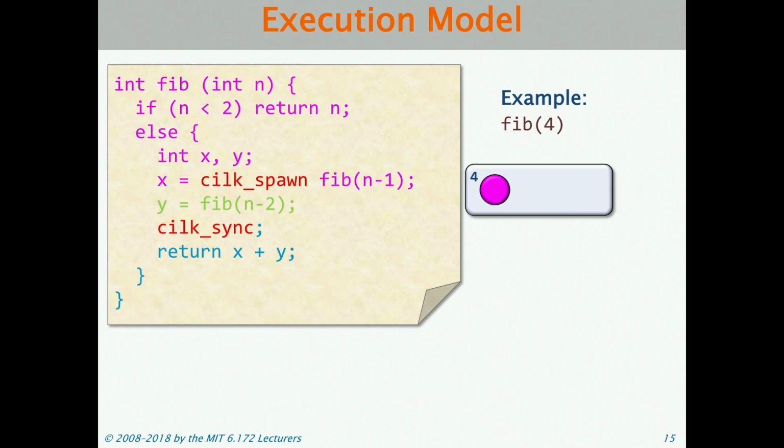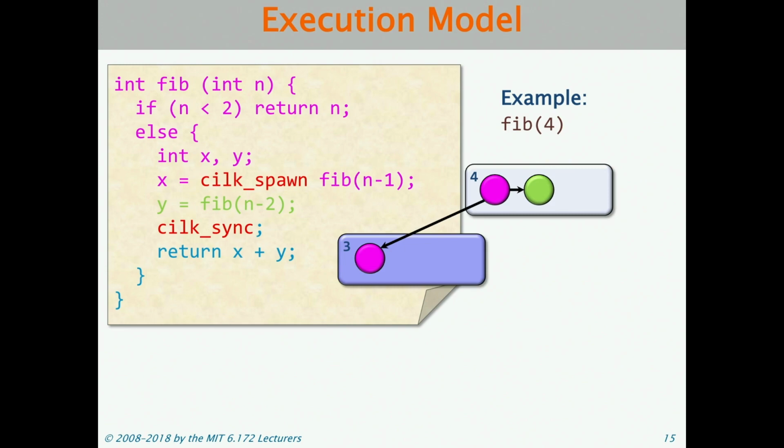And that's going to generate this magenta node here corresponding to the call to fib of 4. And that's going to represent this pink code here. And this illustration is similar to the computation graphs that you saw in the previous lecture, but this is happening in parallel. And I'm only labeling the argument here, but you could actually also write the local variables there, but I didn't do it because I want to fit everything on this slide.